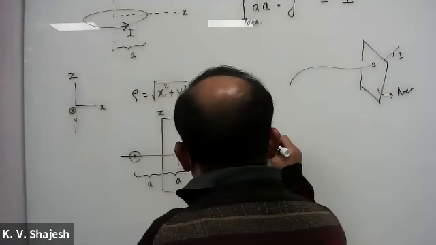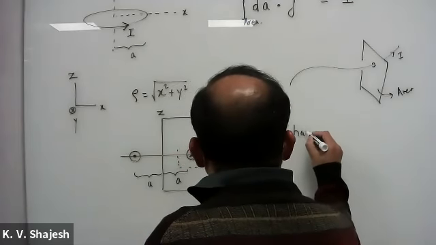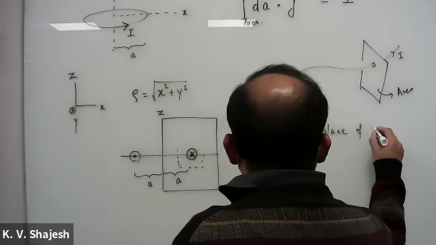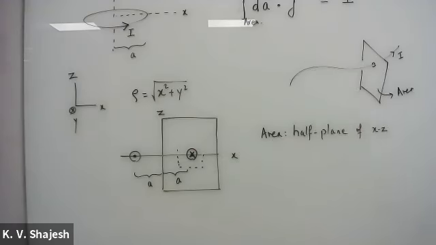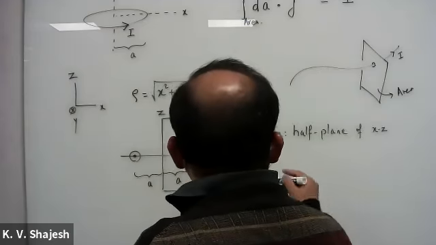So area would be equal to half plane of XZ. Reasonable? Then do the integral. What is the area for that?